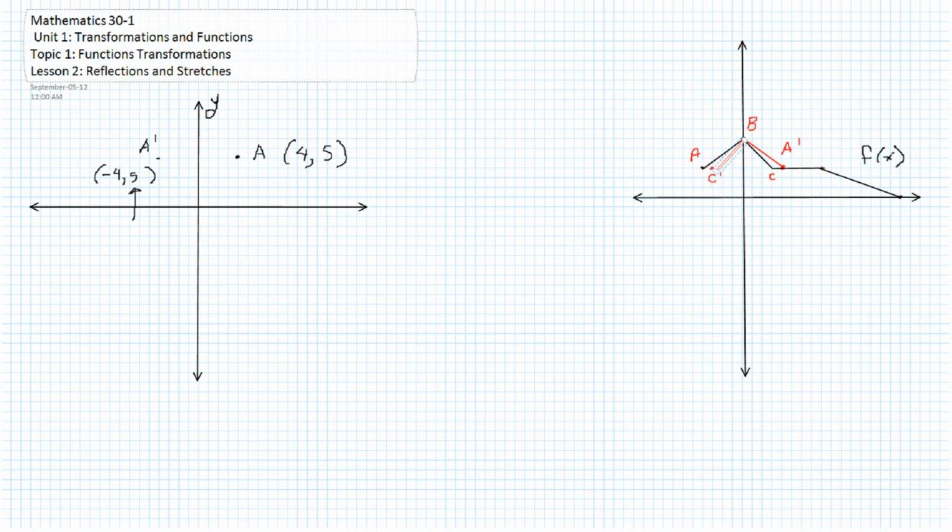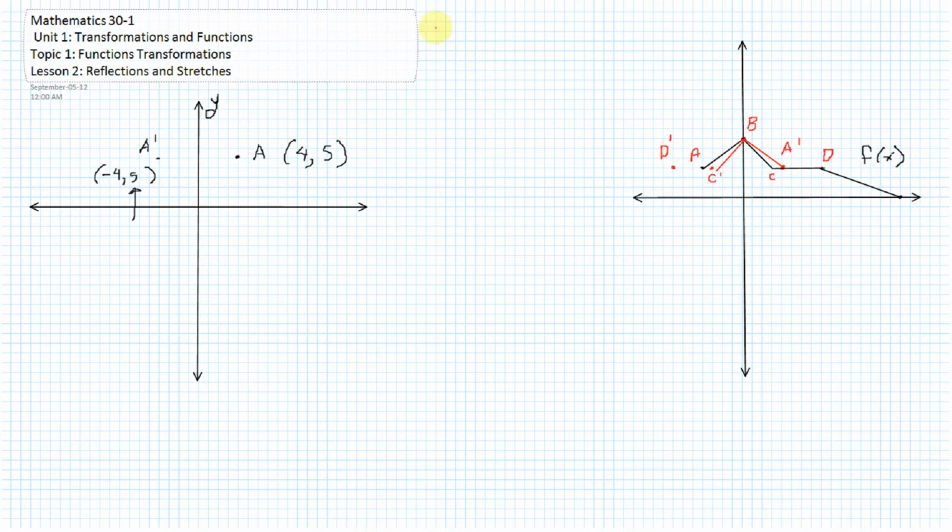I'm going to go to D, and D is 1, 2, 3, 4, 5, 6, 7 units to the right, so D prime, or the reflected point, is 7 units to the left. 1, 2, 3, 4, 5, 6, 7, and so here's our D prime.